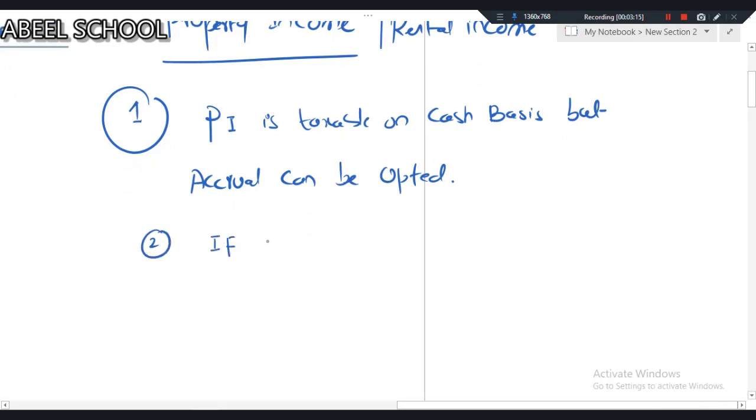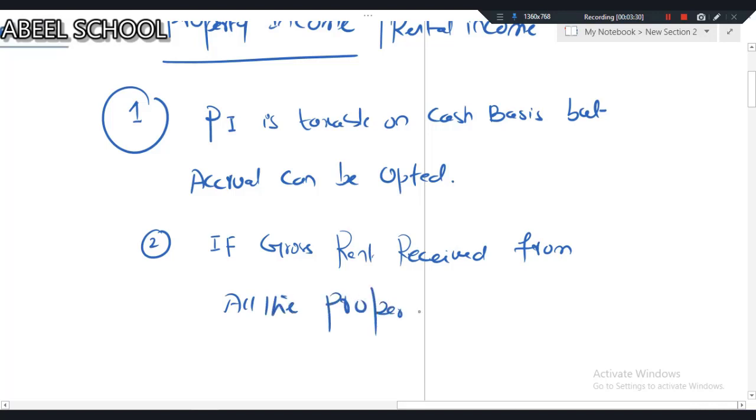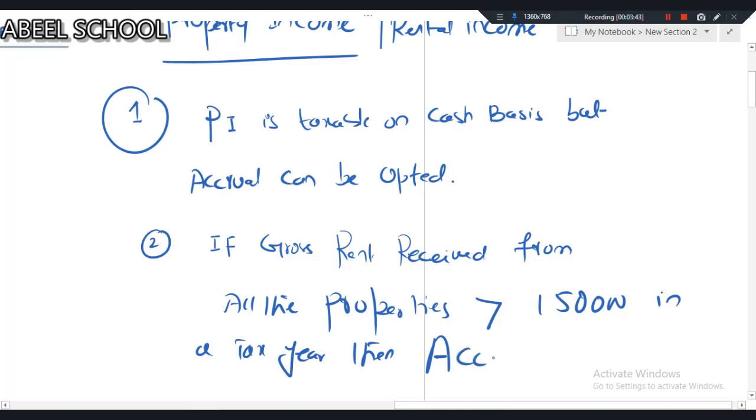If gross rent received from all the properties is more than 1,50,000 in a tax year, then only you will go for accrual basis.